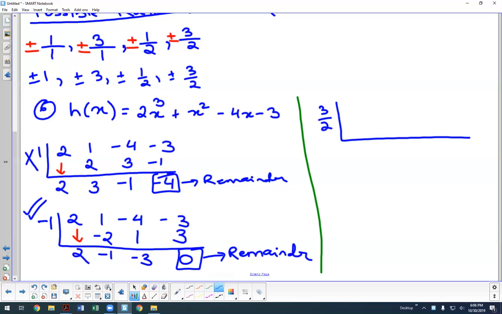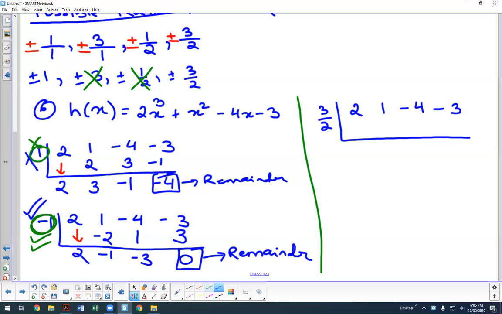Okay. So we've got 2, 1, -4, and -3. So positive and -3 don't work. Positive and -1/2 doesn't work. Of course, we saw 1 doesn't work. So far, the only answer that does work is -1.